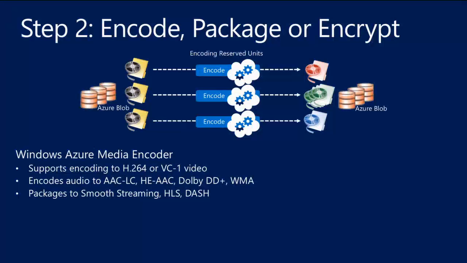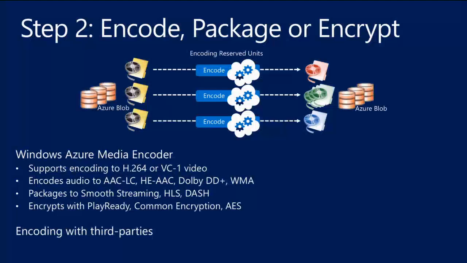It's a proprietary implementation from Apple, which is the primary streaming protocol on all iOS devices. And lastly, we support encryption with PlayReady, Common Encryption, and AES. If you're familiar with the protocols, you know that usually Smooth Streaming goes with full DRM, PlayReady support, and AES goes with HLS.